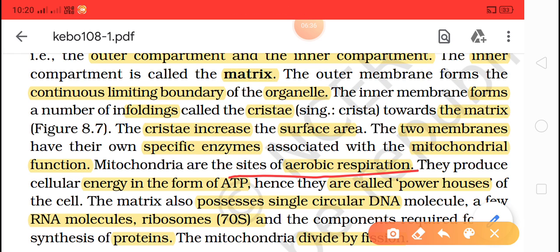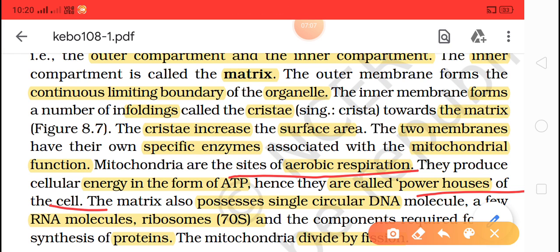Aerobic respiration, if you remember, is when in the presence of oxygen the food, that is glucose, is broken down and releases energy. Here aerobic respiration takes place and ATP is formed. That's why they are called the powerhouse of the cell.